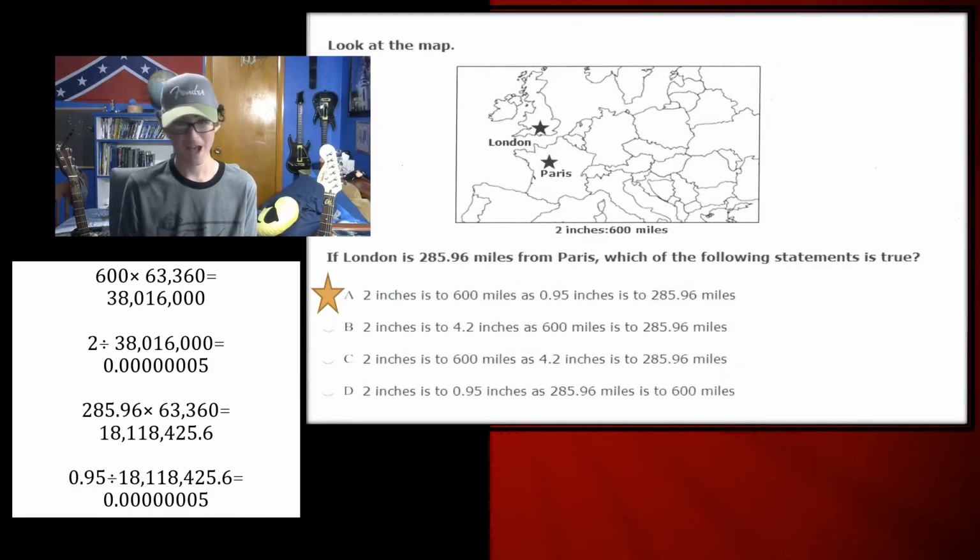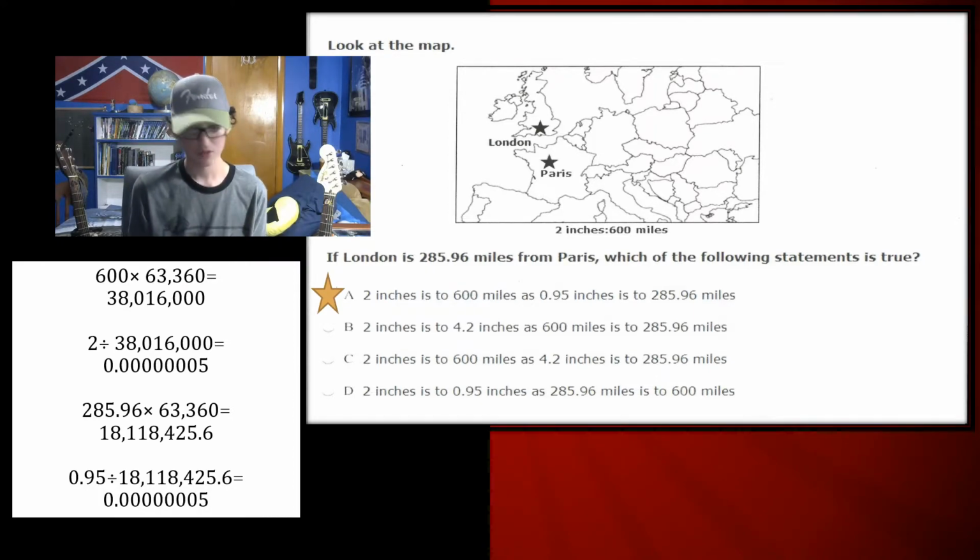Okay? And you use the 2 inches, so it'll be 2 divided by 38,016,000. And you get 0.000000005. That's 7 zeros. That's a lot, okay?